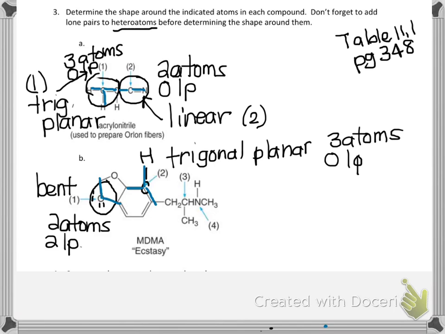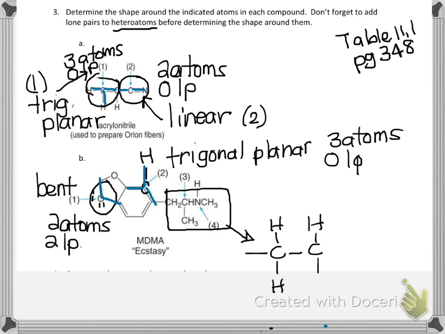Okay, so number 3. If you don't mind, I'm going to take this little section and write it out. So I have, it's attached to my ring, and then I have CH2, then I have a C and an H, and then a CH3, then I have an N, an H, and a CH3.